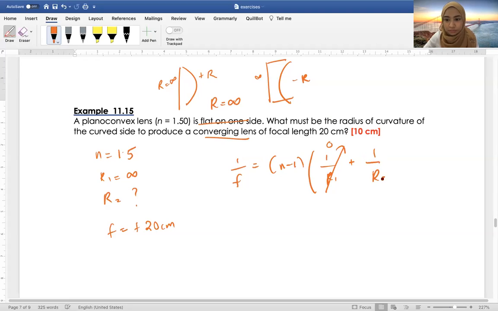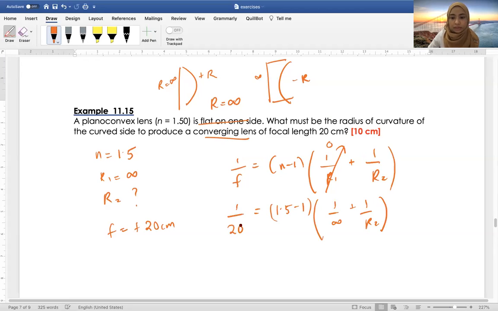I'm going to tell you, don't make a mistake there. So 1.5 minus 1, 1 over infinity, 1 over R2, equals 1 over 20.